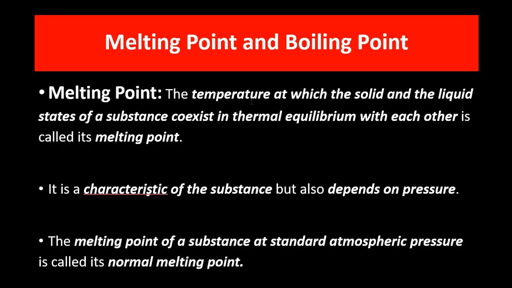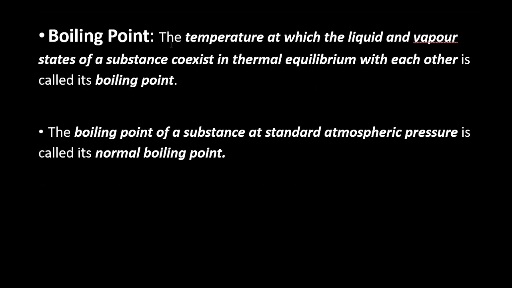So melting point is the temperature at which the solid and the liquid states of a substance coexist in thermal equilibrium with each other, and it is defined by the standard atmospheric pressure. And the boiling point is where the liquid and the vapor states coexist in thermal equilibrium with each other.